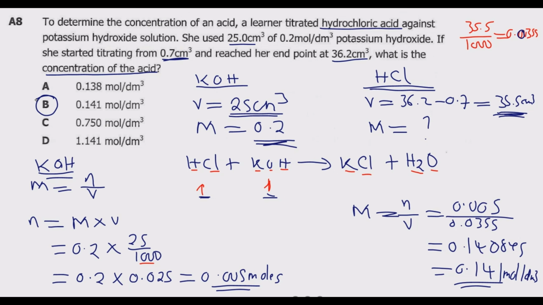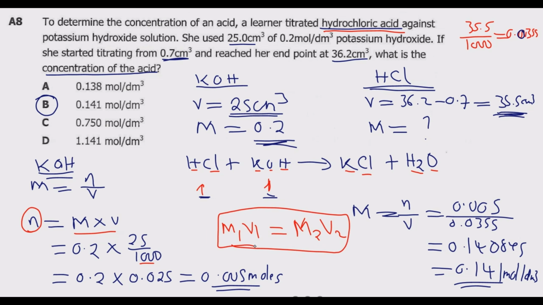This is one method. The second method is you find the number of moles in hydrochloric acid, you equate it to the number of moles in potassium hydroxide using this formula. So what you are saying is molarity 1 multiplied by volume 1, so this is hydrochloric acid, must be equal to molarity of potassium hydroxide multiplied by volume of potassium hydroxide. Then you solve for this.